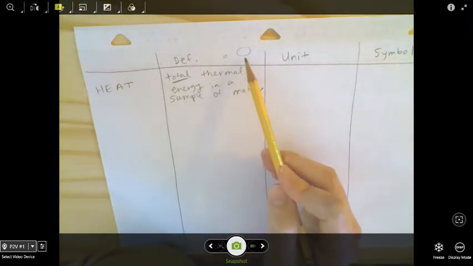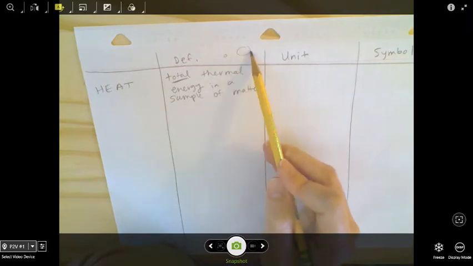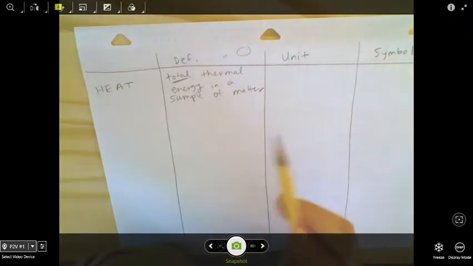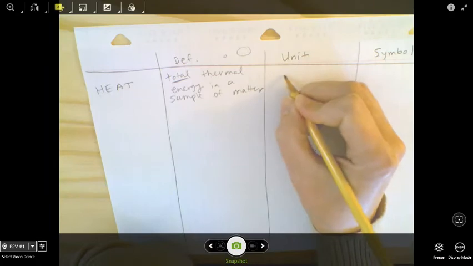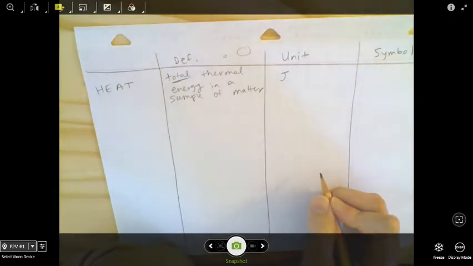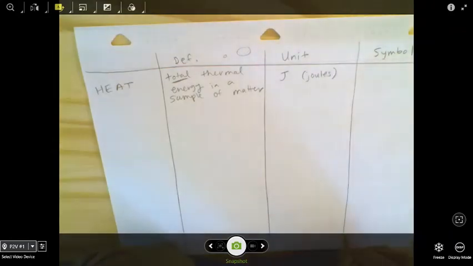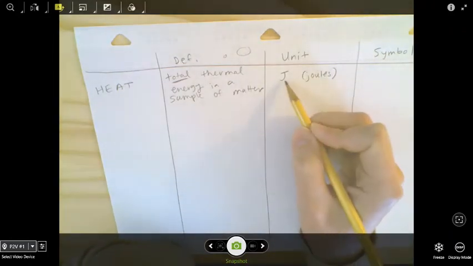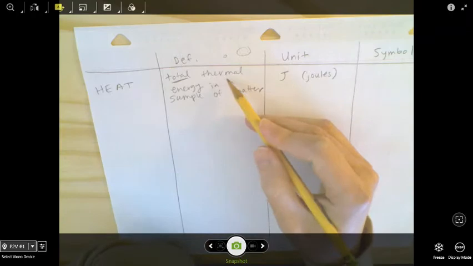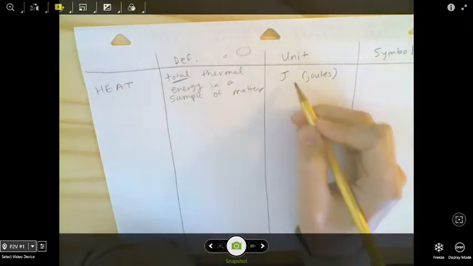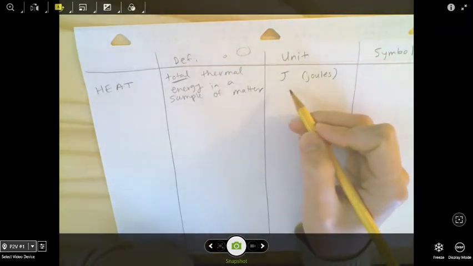So it makes sense that if these were the same substance at the same temperature, this one's going to have more heat in it. The unit for heat is joules. You can write, it's Joules. You probably learned that. That's the unit you used in physical science for any type of energy, not just thermal energy, but any energy. A joule is a pretty small amount of energy.